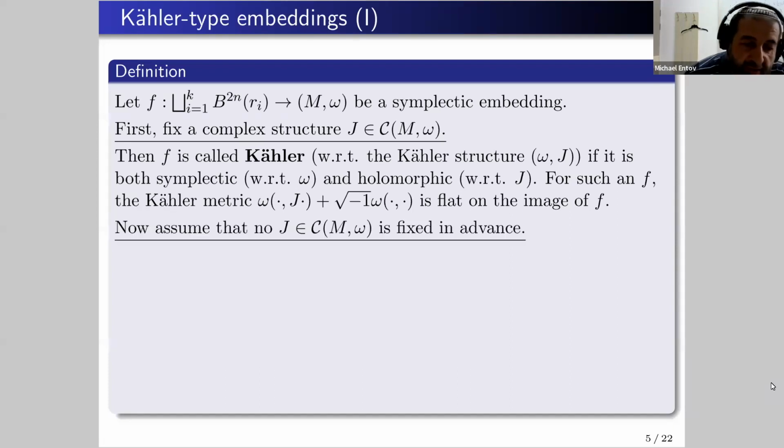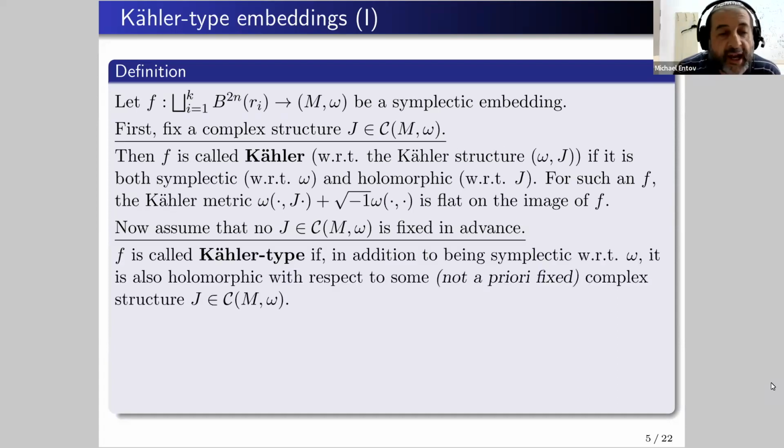We are not going to fix J. We only fix omega, and do not assume that any J is fixed in advance. Then, in such a situation, where omega is fixed but J is not, we say that F, this embedding, is of Kähler type if, in addition to being symplectic with respect to omega, it is also holomorphic with respect to some, not a priori fixed, integrable complex structure J compatible with omega.